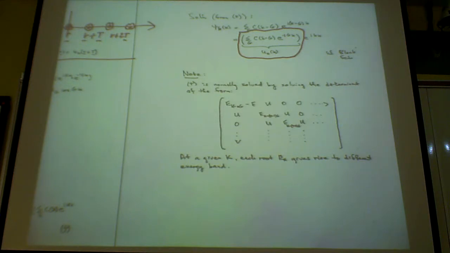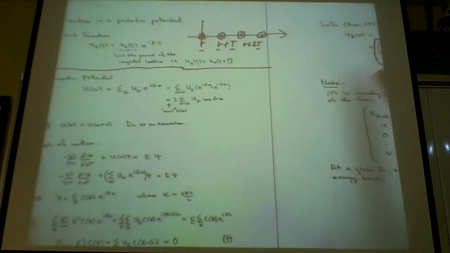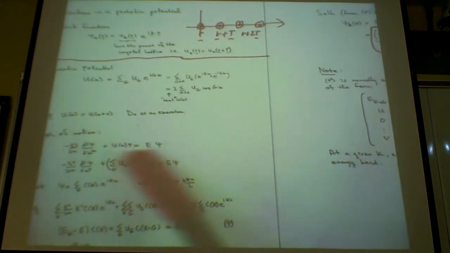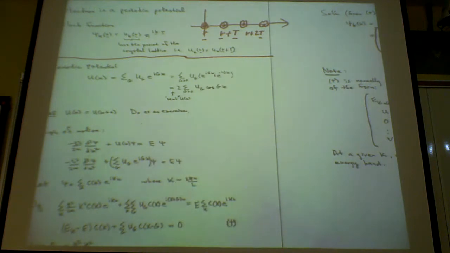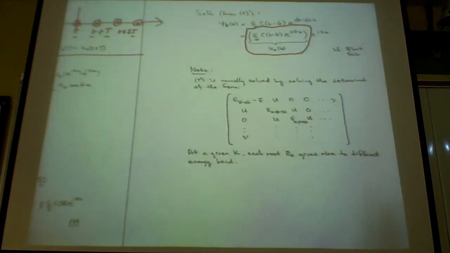And so what to do next? Well, once you have this function, you can substitute it back into my equation of motion, my Schrödinger equation, and solve for the energy. It's a rather involved process, so I won't do it. You can solve it by matrices. Some of you may or may not have matrices.